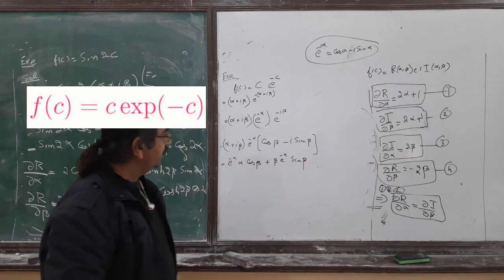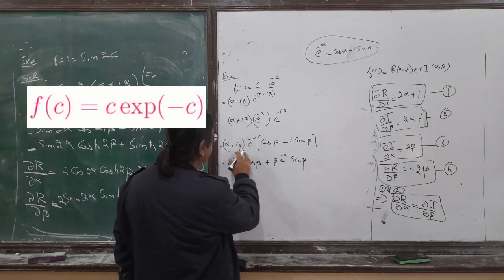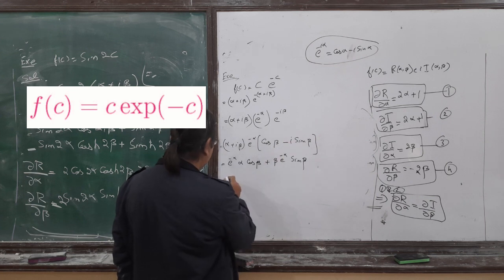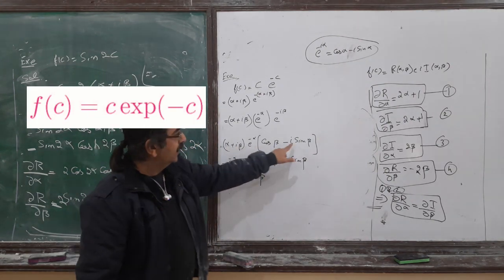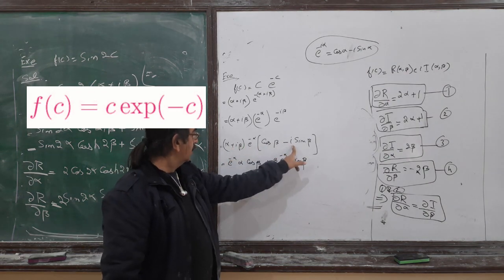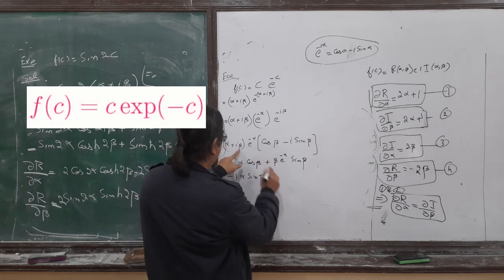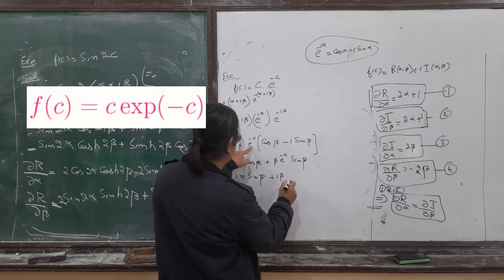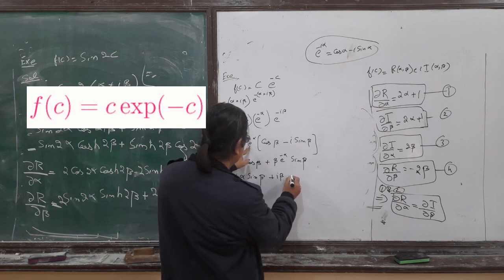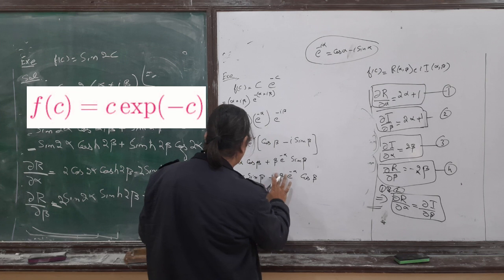So this will be a real term. What will be the imaginary term? That will be minus i alpha sin beta plus i beta cos beta.